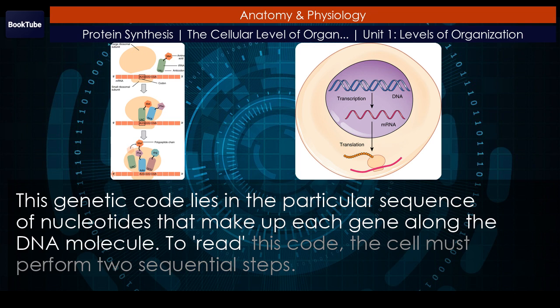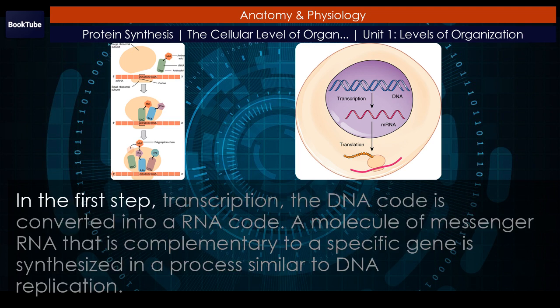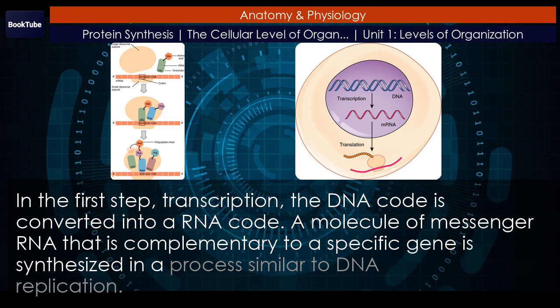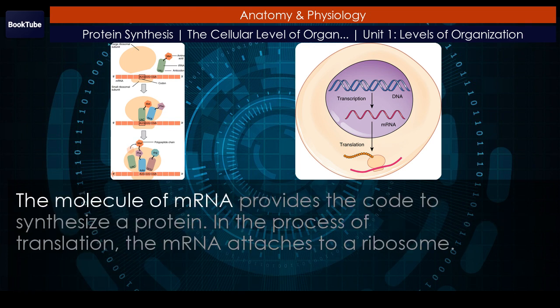To read this code, the cell must perform 2 sequential steps. In the first step, transcription, the DNA code is converted into an RNA code. A molecule of messenger RNA that is complementary to a specific gene is synthesized in a process similar to DNA replication. The molecule of mRNA provides the code to synthesize a protein.